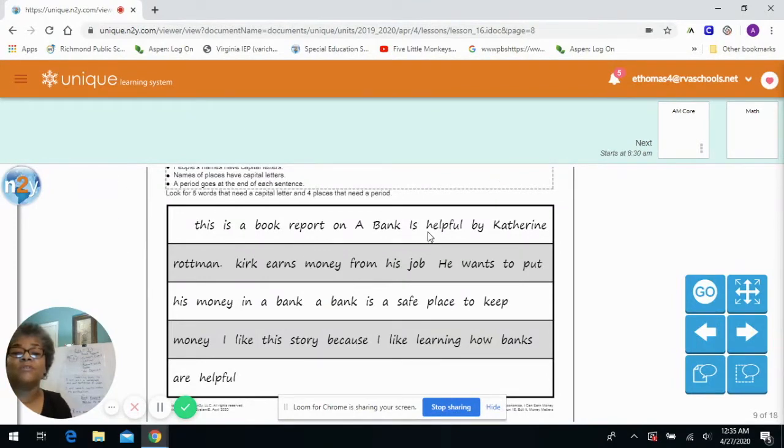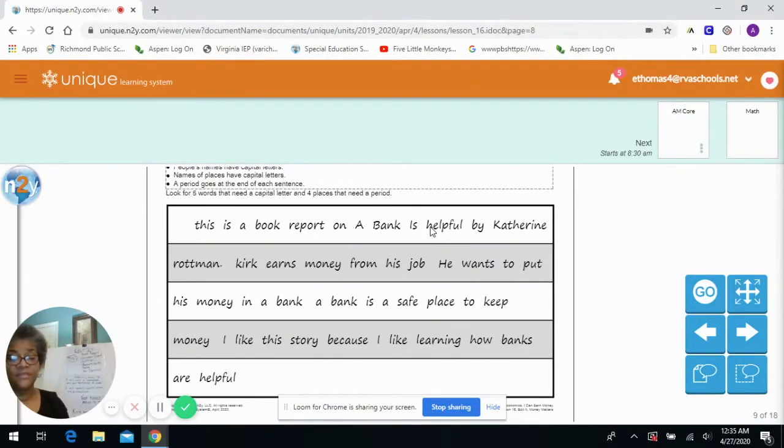So it's the title of the book report. Helpful. So that becomes a what? A capital letter H. Helpful by Catherine Rotman. And that's her name, Rotman. So it should be a capital R.